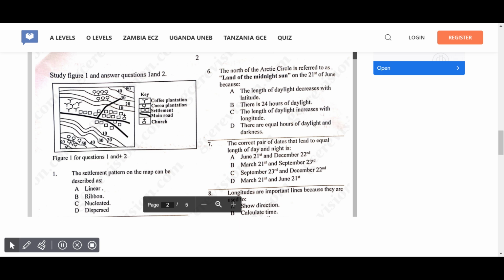The north of the Arctic Circle is referred to as land of the midnight sun on the 21st of June because.